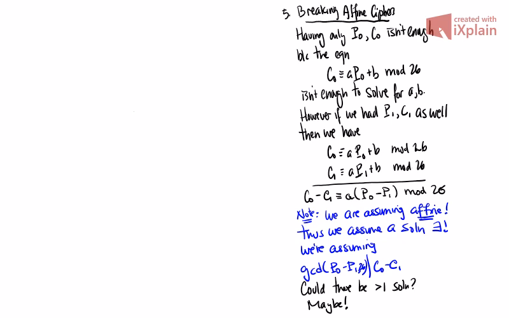Just to clarify, we're assuming a solution exists, but it could be the case that the GCD of P0 minus P1 and 26 were greater than 1.